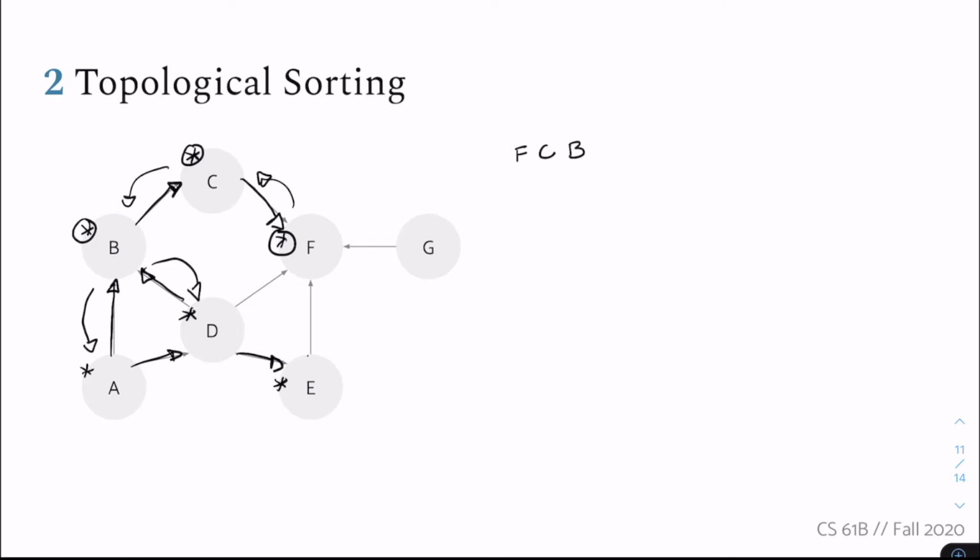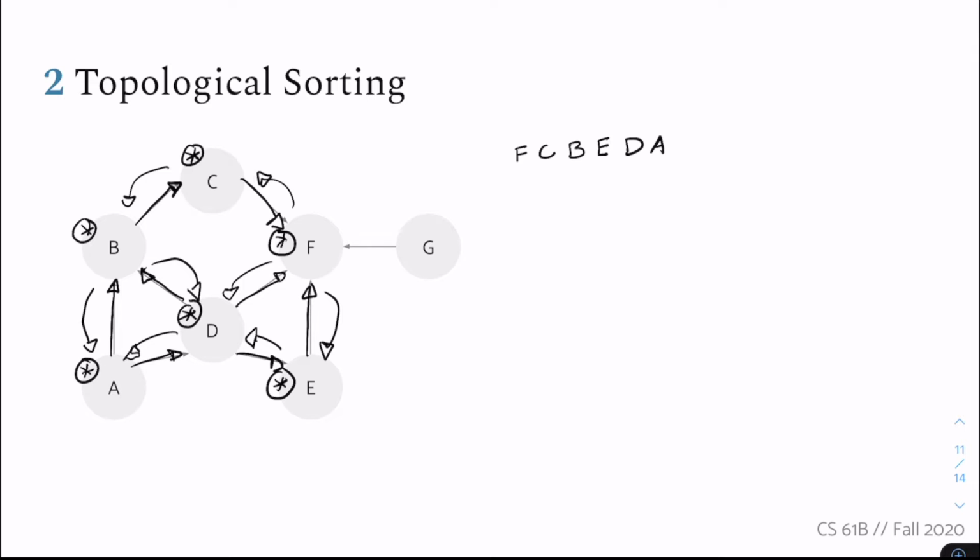We go from E to F, but F has already been visited, so we go back and we visit E. Now we can go back up to D and finally visit D. Then we can go back up one and visit A, finally.